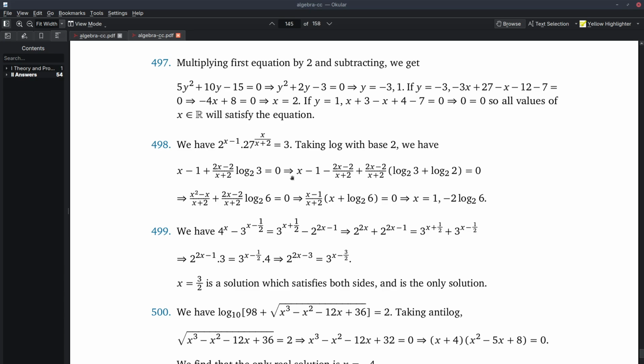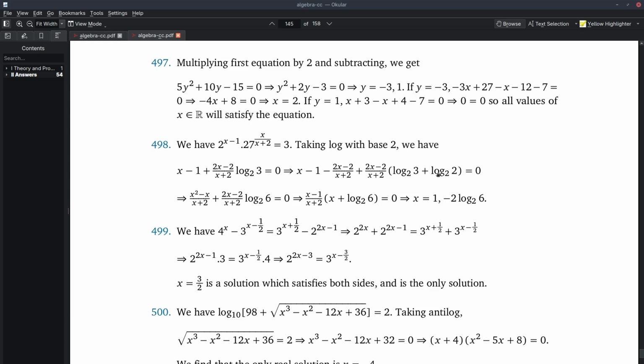Once we have that, what we do is we write x minus 1 plus minus, we subtract 2x minus 2 by x plus 2. So this subtraction means we have to also add 1 to this. So we add 1 here. That is what we add, log 2 with base 2.